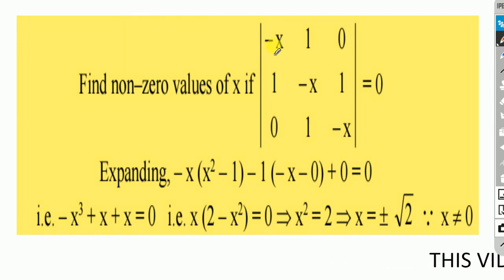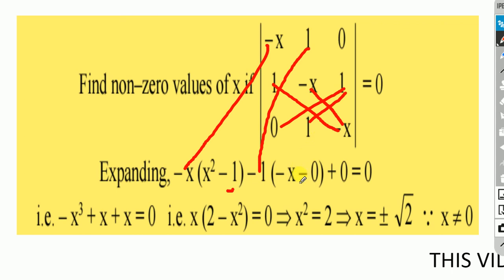Let us see, minus x here, minus x into minus x plus x square, minus 1 here, and then 1 into minus x, 0 into 1 is 0, and I have to take this 0 here, so it will be 0.